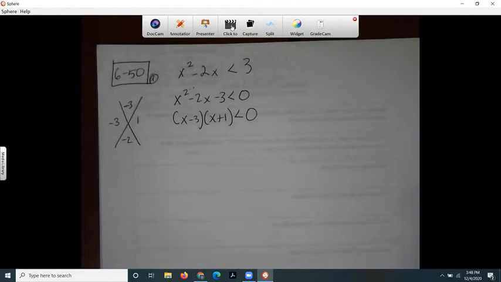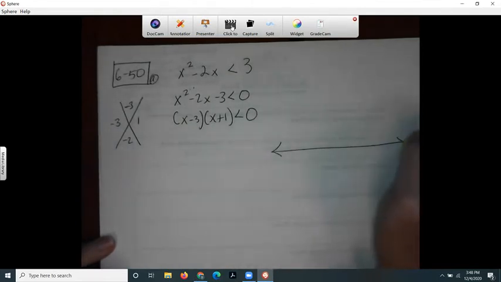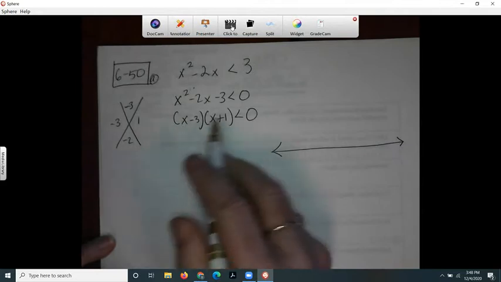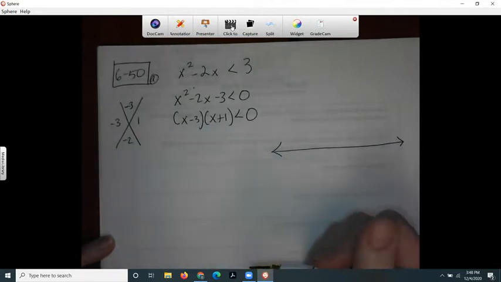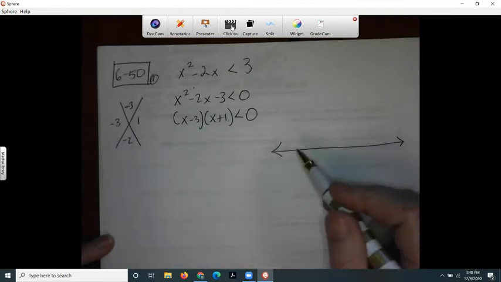Then we're going to draw a number line, since they want us to draw one, and test some points, which we call split points. A split point happens where the x-intercepts are.